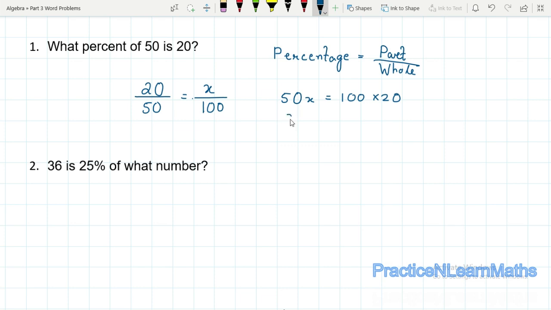So x is equal to 100 times 20 over 50. So the answer is 40%.